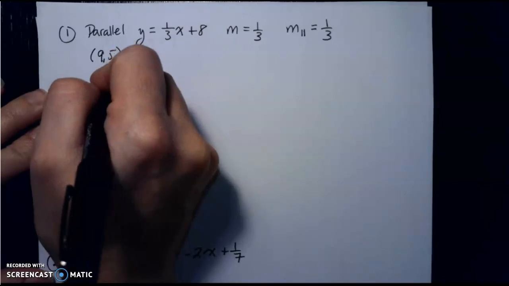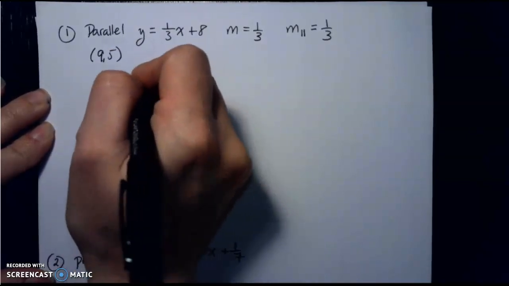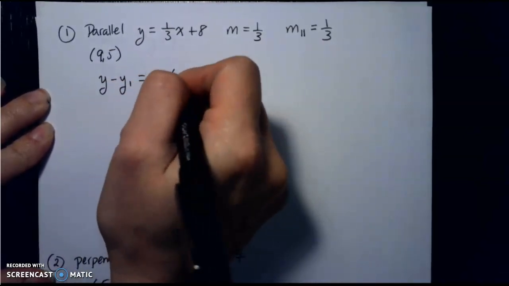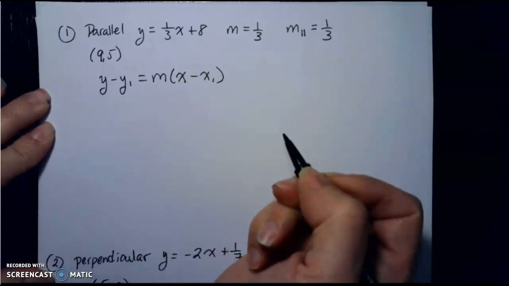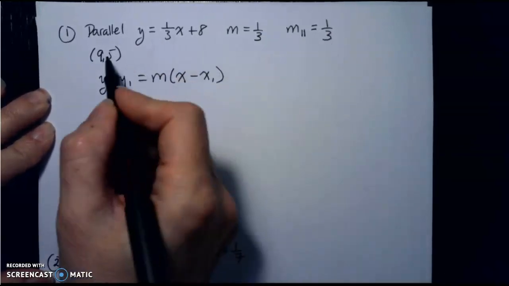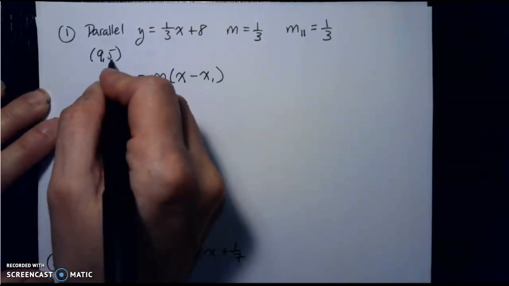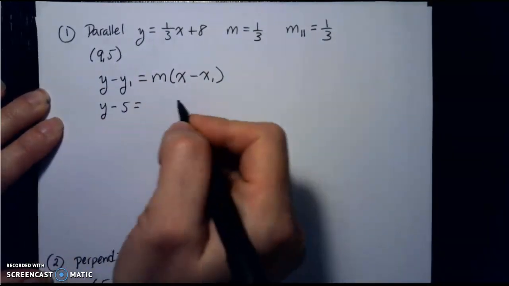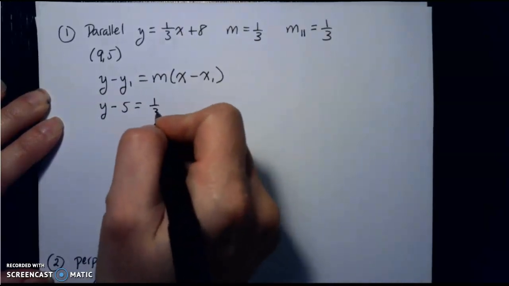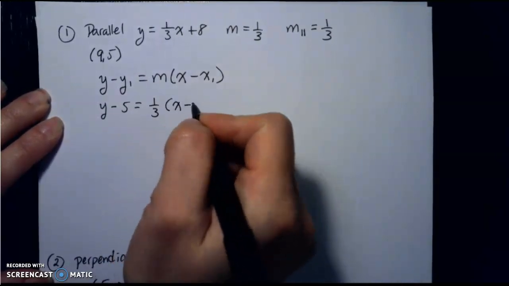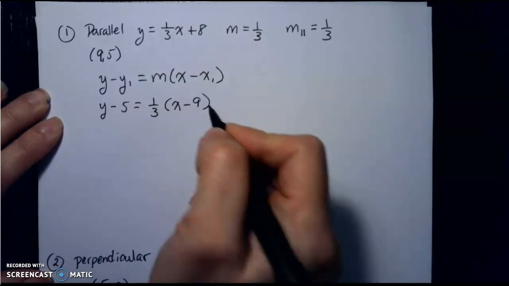Now I can go to my point-slope formula, y minus y1 equals m times x minus x1. I have my slope and I have my point. So y minus my y1, which is 5, equals m, 1/3, times x minus my x1, which is 9.